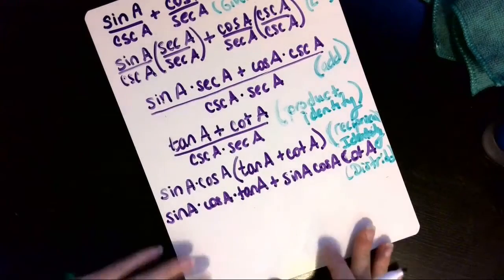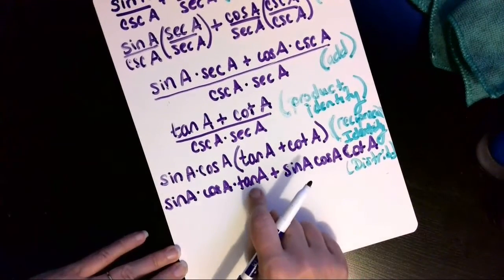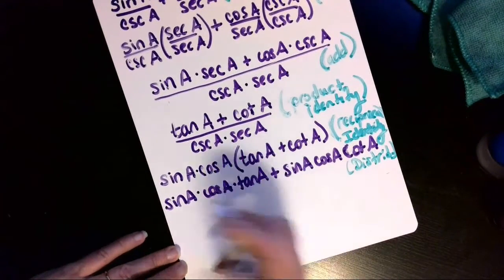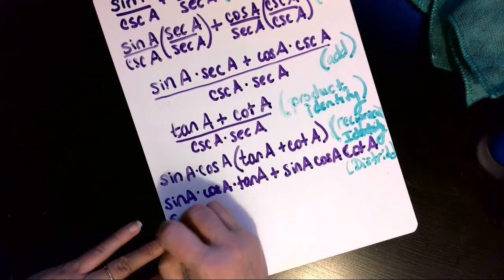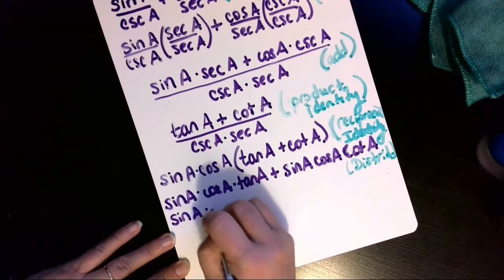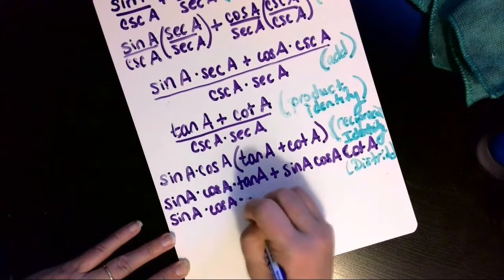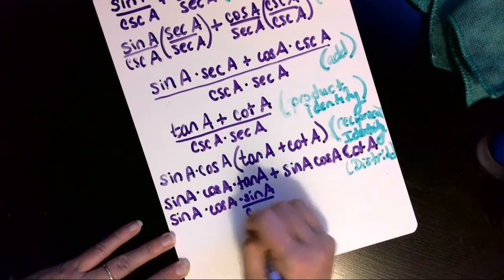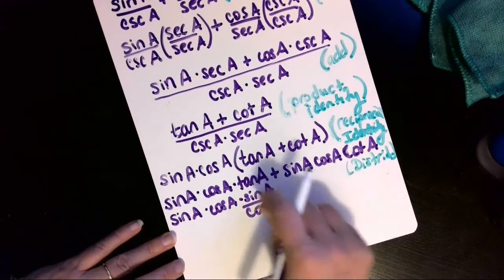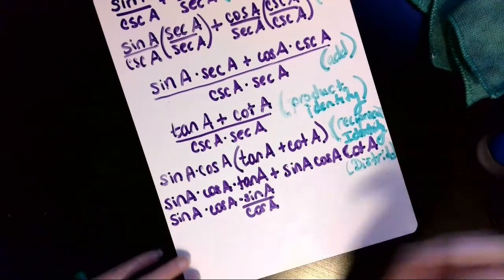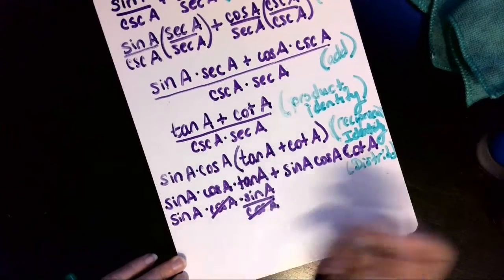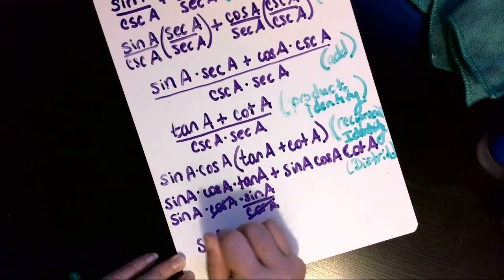Okay, and now if we change tangent into sines and cosines, then we have sine A cosine A, sine A divided by cosine of A, and that's using a quotient identity, and the cosines will cancel, and we're left with sine squared A.